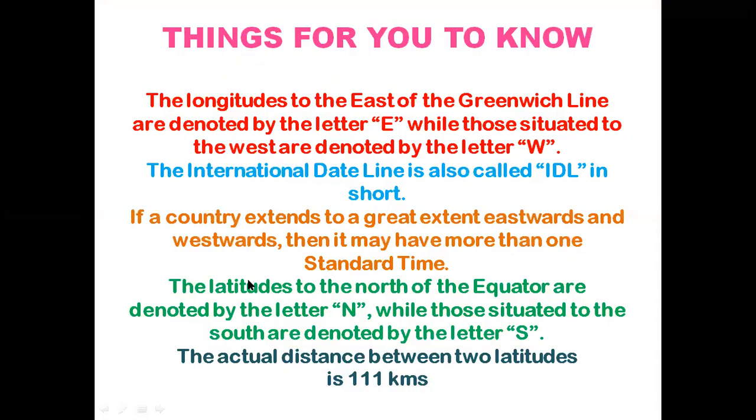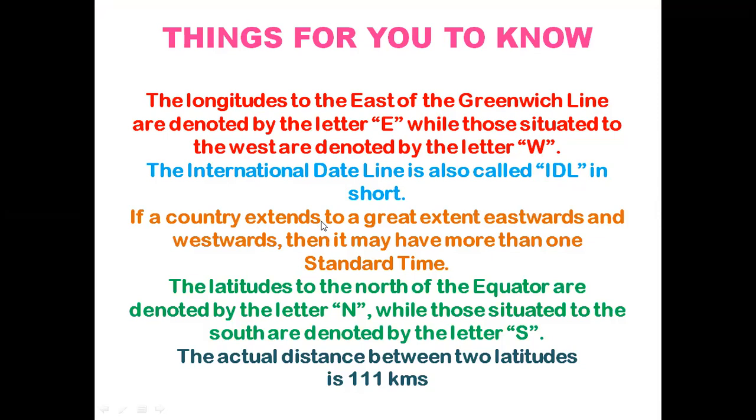Now something for us to know, for you as well as for me. The longitudes to the east of the Greenwich line are denoted by the letter E, while those situated to the west are denoted by the letter W. The international date line is also called IDL in short.